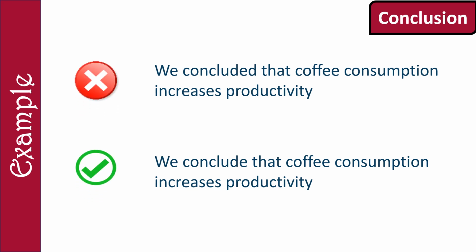As you can see, the first one is considered incorrect and the second one is considered correct. Let me read. We concluded that coffee consumption increases productivity. In this part, this is considered incorrect because the verb form is in the past tense.